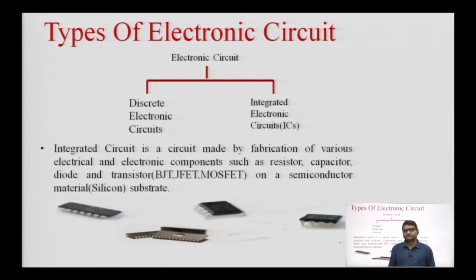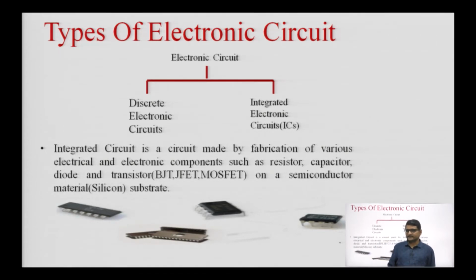Now, the second one is IC. Integrated circuit is the most specific part of modern electronics. How can we define the integrated circuit?